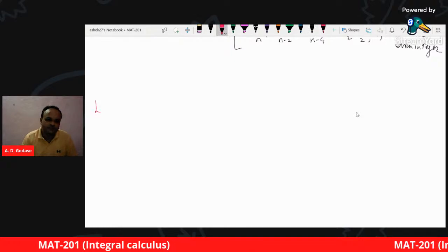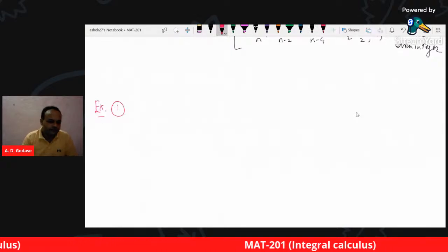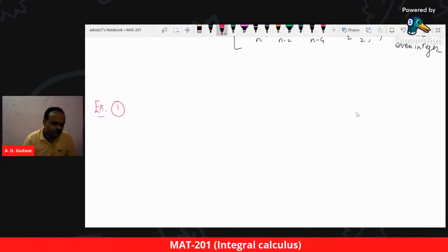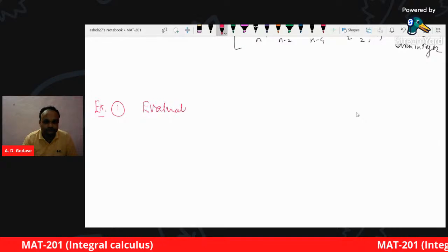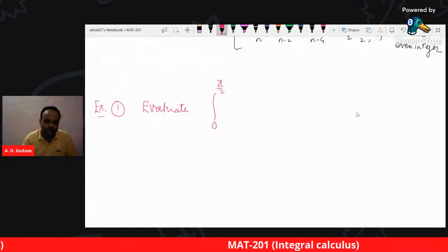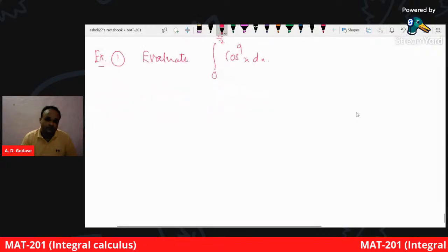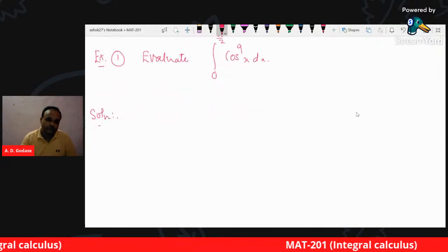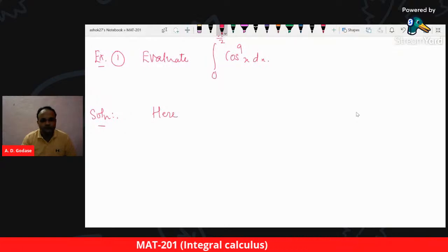So first example: evaluate the integral from 0 to pi by 2 of cos raised to 9x dx. Solution, very simple. Here n is equal to 9.